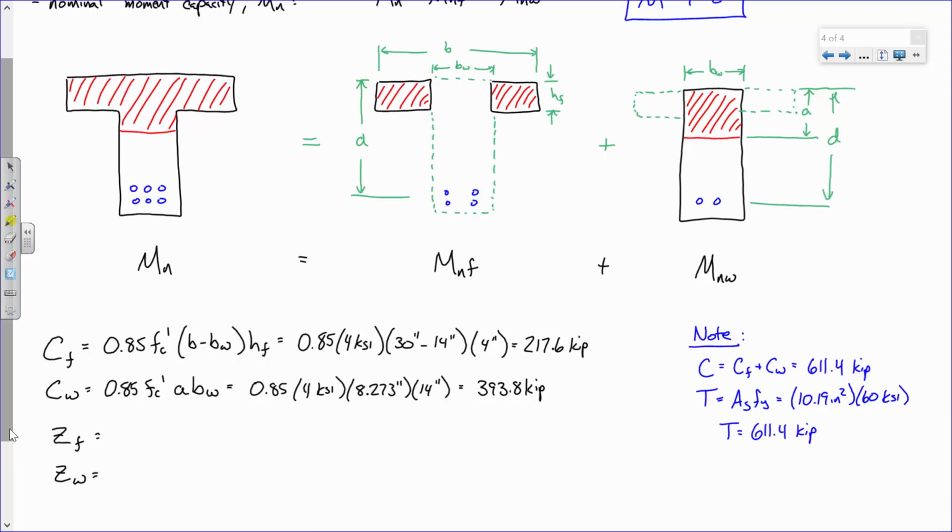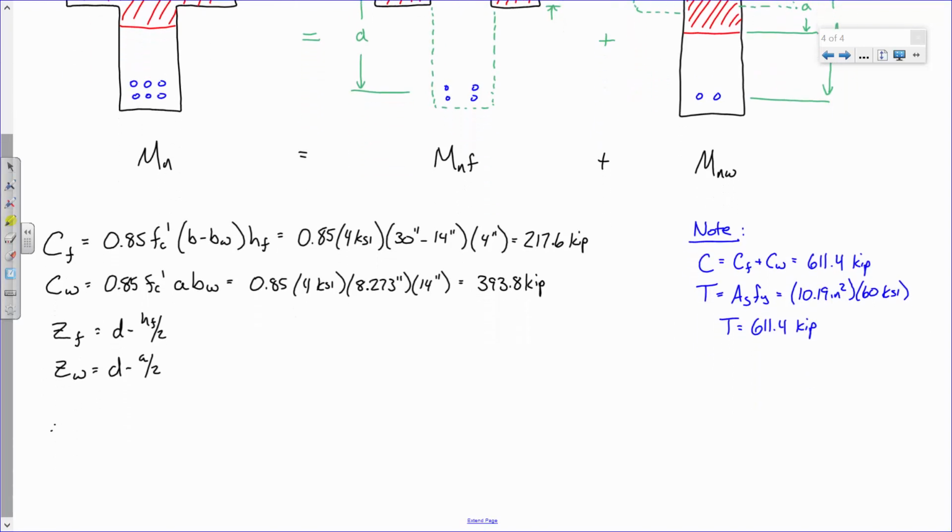There you go, D minus half of HF. So this is going to be D minus HF over 2. What about C sub W? How far is it from the center of the steel to the center of that compressive force? D minus A over 2. Is everybody okay with that?